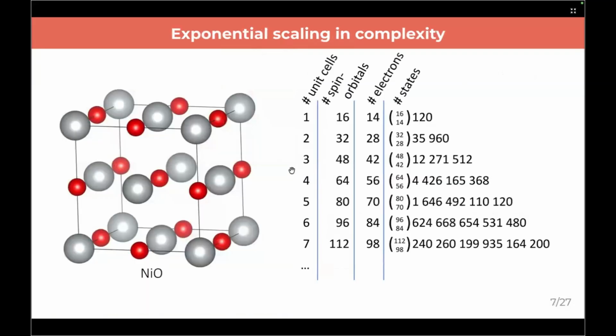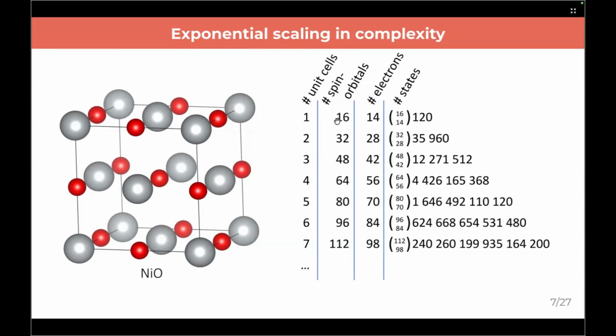But if you also check the technical details, I would show you one case where the complexity can grow at an exponential scale. I give here an example of nickel oxide. Think about one unit cell, and if we only consider one nickel and one kind of ligand that interacts with the transition metal, the total number of spin orbitals is 16.